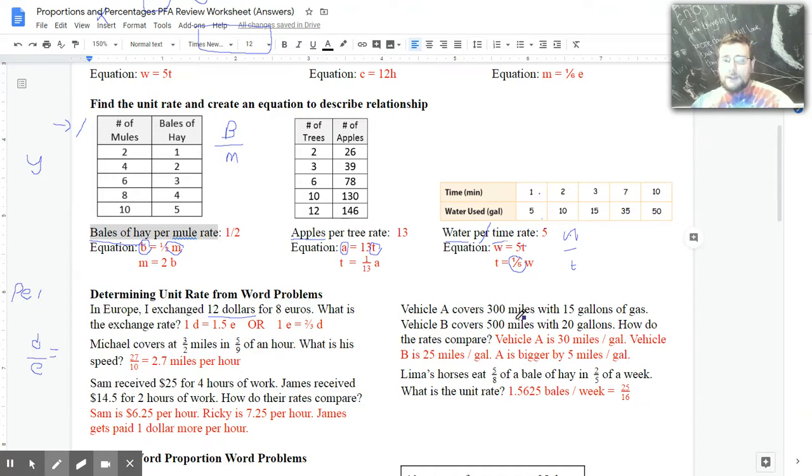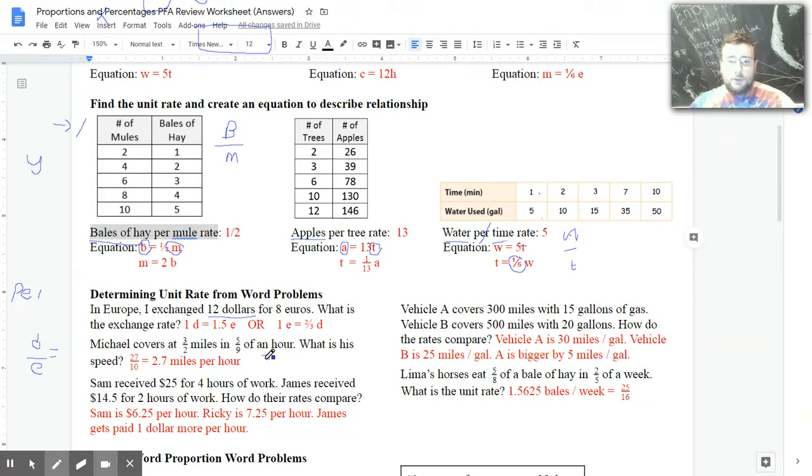All right. So here's an example that's similar to that. Let's try the one with Michael here. Now, he covers 3/2 of a mile in 5/9 of an hour. What is the speed? Speed is a rate, so all you have to do to get the rate is divide one number by the other. So miles per hour.